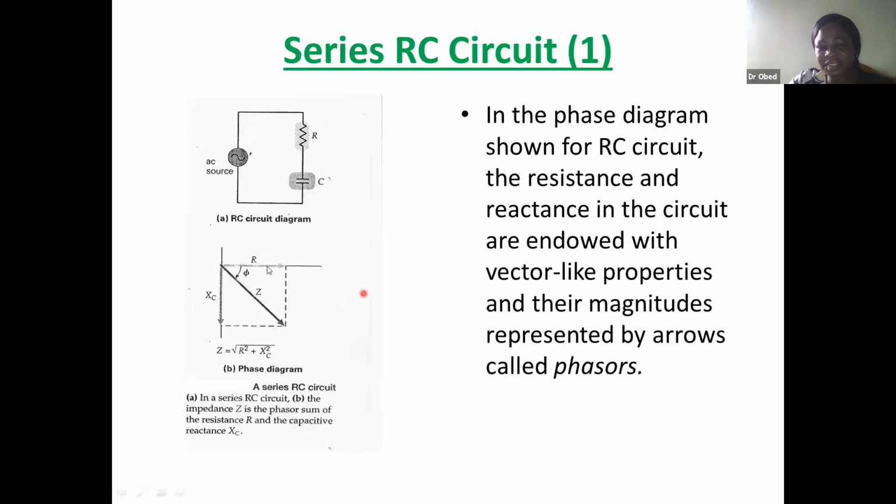As a result, a special graphical method is needed to find the overall opposition to the current in the circuit. This method employs what we call a phase diagram. In the phase diagram shown for this RC circuit, the resistance and reactance are endowed with vector-like properties, and their magnitudes are represented by arrows called phasors.